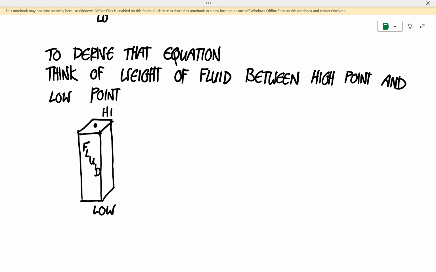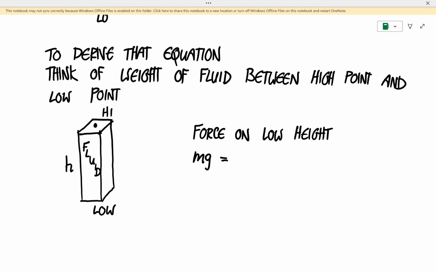Well, so the force on the lower height is mg, and the density is the mass per volume, and we know that this is what we're calling h, by the way.